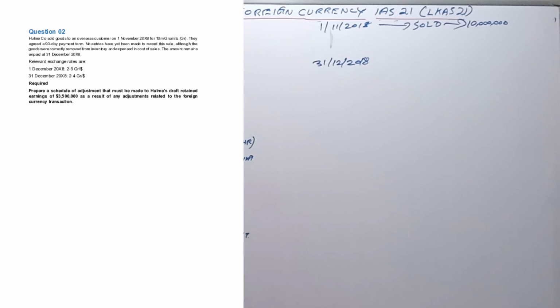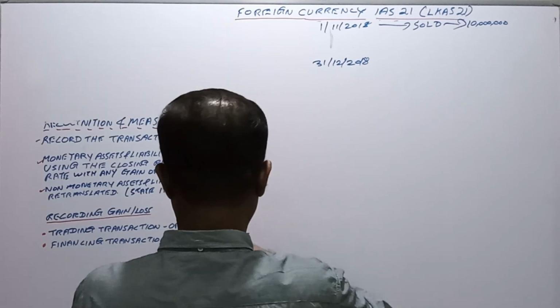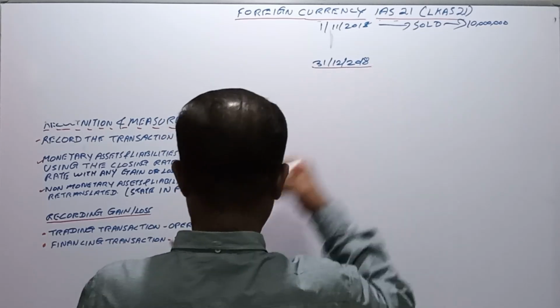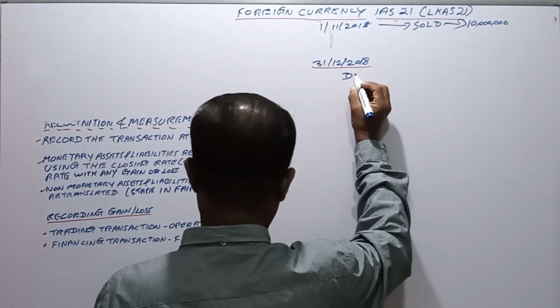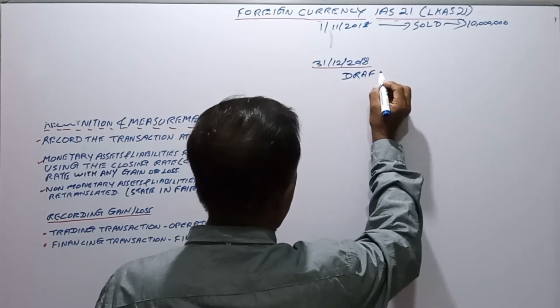Relevant exchange rates are 1st December 2018 is 2.5. Prepare the schedule of adjustment that must be made to the draft retained earnings of 3,500,000 as a result of any adjustment related to the foreign currency, right?